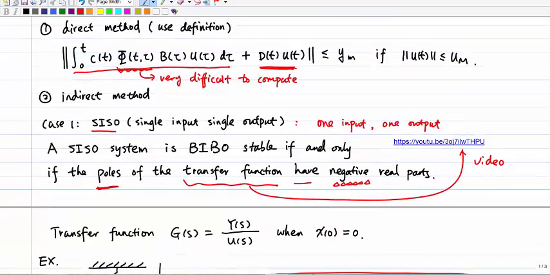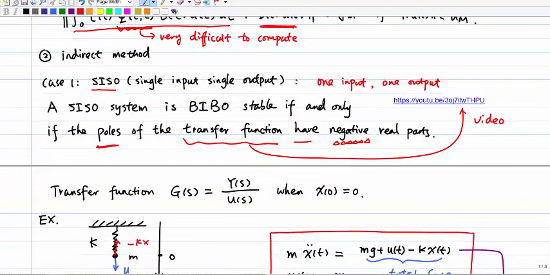Okay. So what is the transfer function? You can check this video for more details if you don't remember. To be very brief, the transfer function, written G(s), is given by Y(s) divided by U(s).